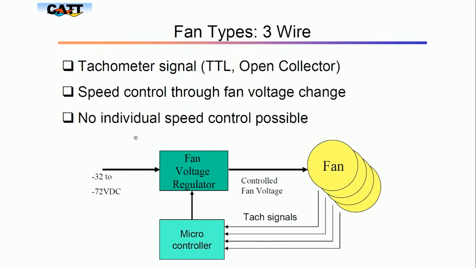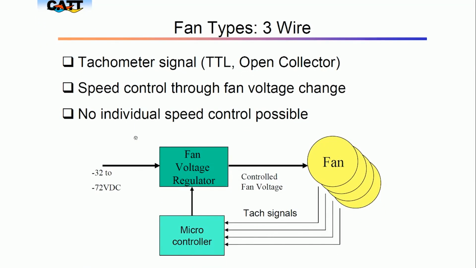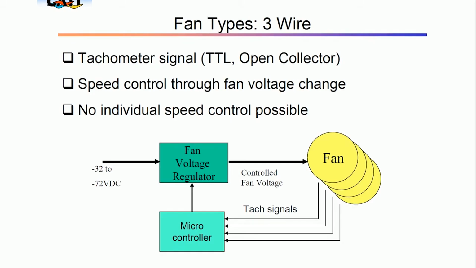So, next picture talks about fan voltage regulator, then tachometer signals, meaning they are showing what is the speed of the fan, and very critical thing, they are only using simple voltage control from the fan.